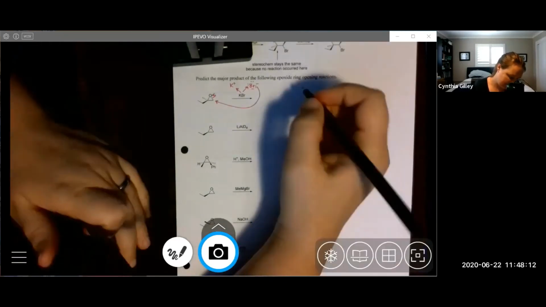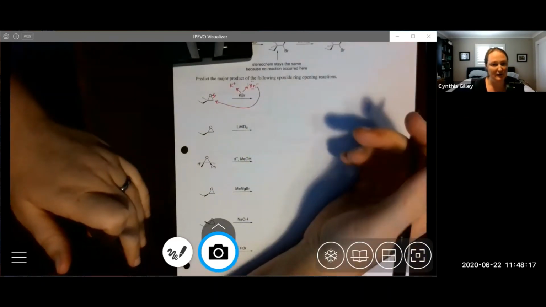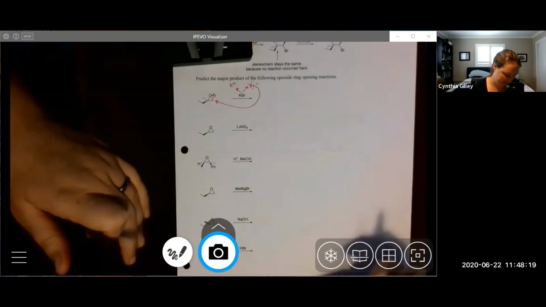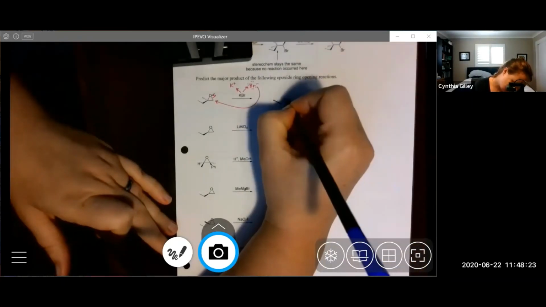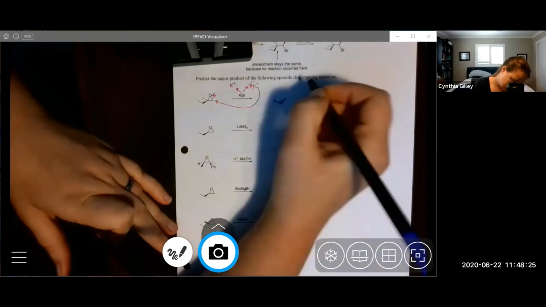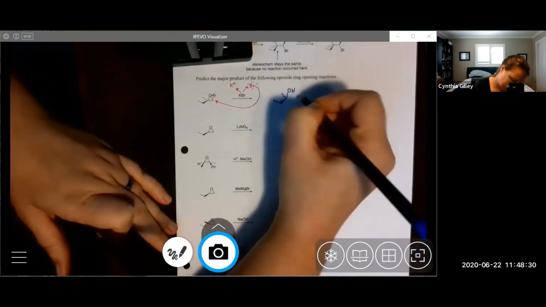Or you could sketch it out and then realize, oh, it's not a stereocenter, and just not have the dashes and wedges. Okay, so we'll go ahead and draw this, and then we've got this carbon.